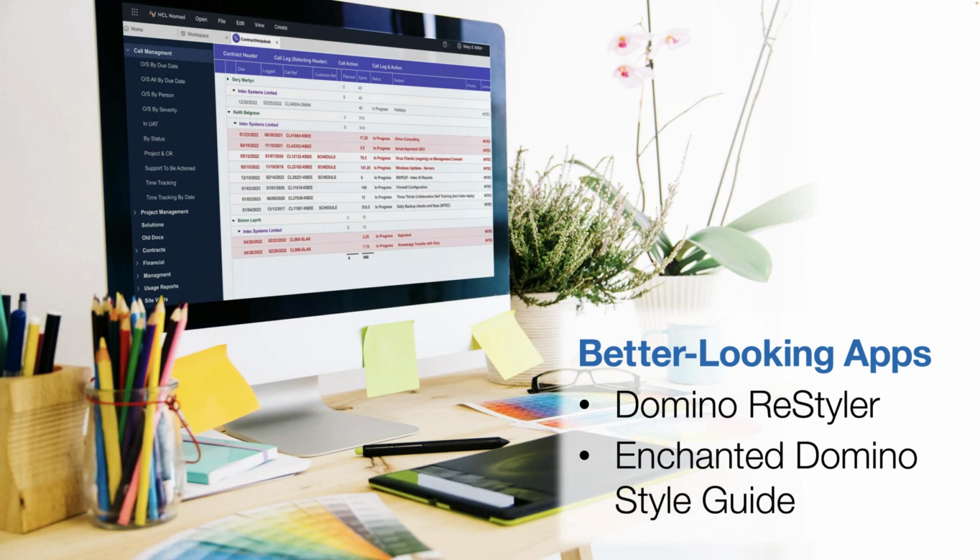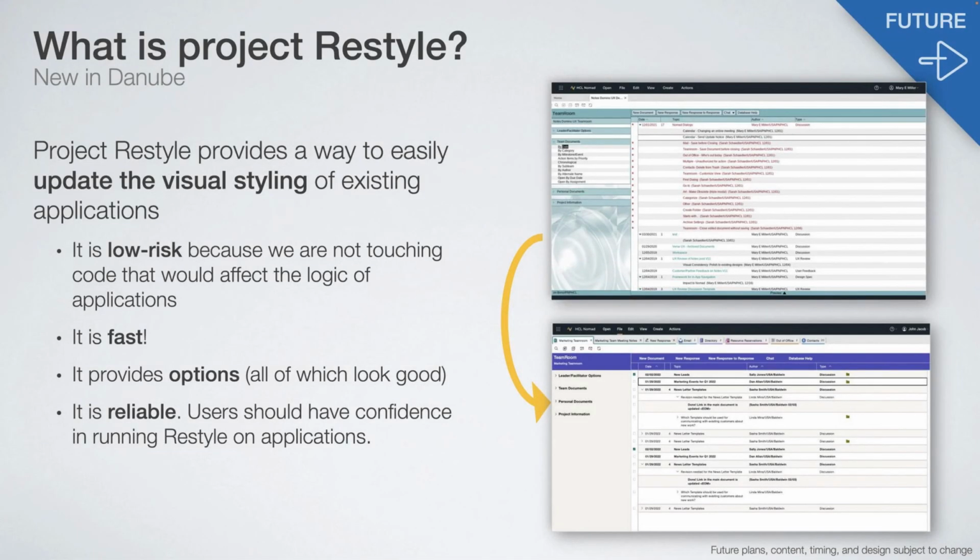Better looking apps is something that we call Restyle, or started as Project Restyle, where you can take your old looking application and let Restyle slightly modify the interface, not the behavior, not agents, not formulas, just navigator, buttons, the bottom part and upper part of the screen, and so on.